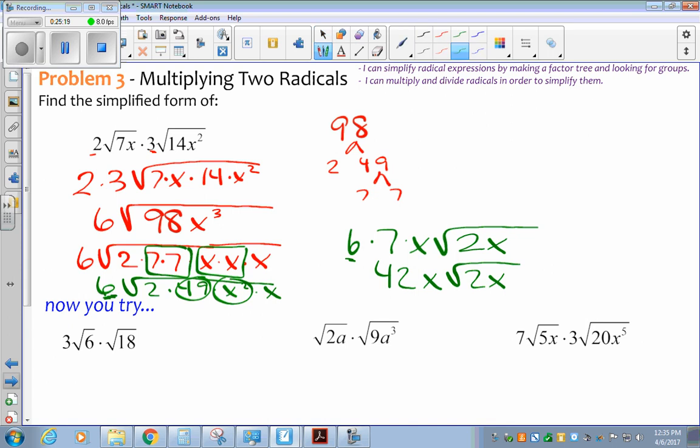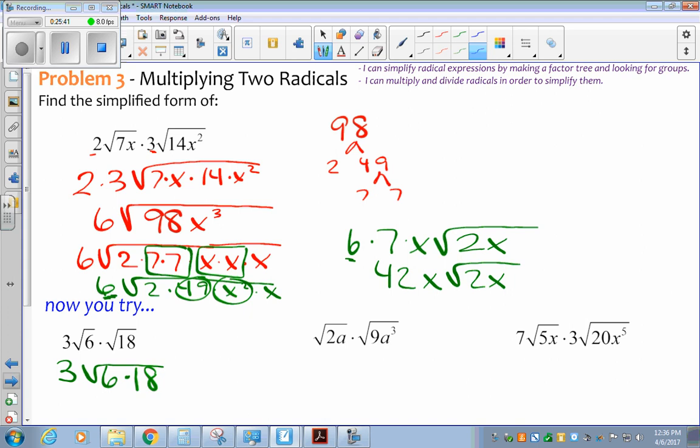So if it's on the outside, it stays on the outside. If it's under the root, it goes under the root. What perfect square lives inside of 18? So think about the factors of 18. And we want to compare it to the perfect squares.